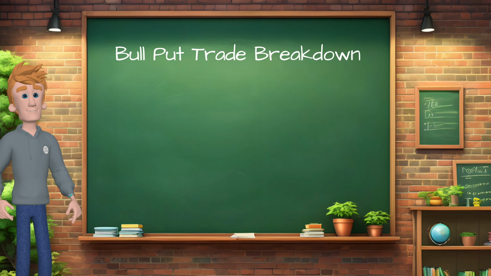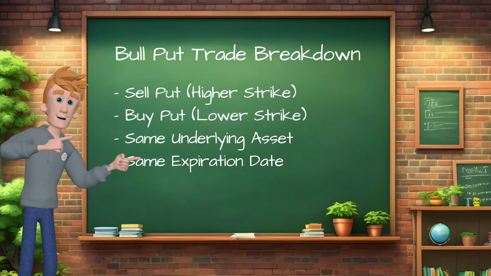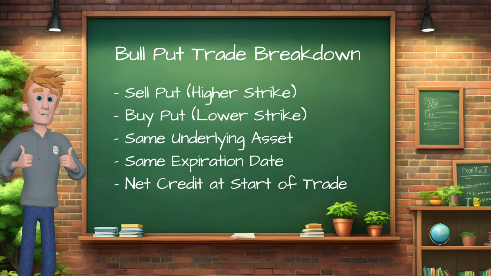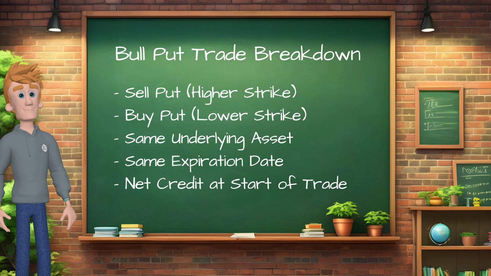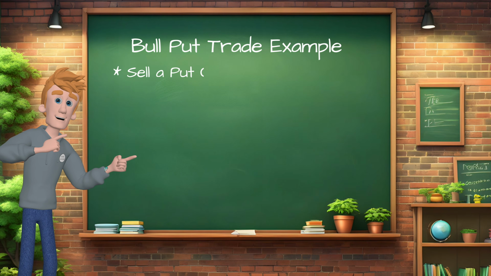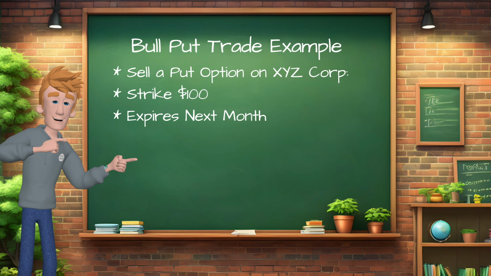A bull put, also known as a short put spread or a put credit spread, is a strategy that earns you money right off the bat by selling a put option and then buying another one on the same underlying asset and at a lower strike price, usually at the same time. For example, let's say you decide you're going to sell a bull put on XYZ Corporation.